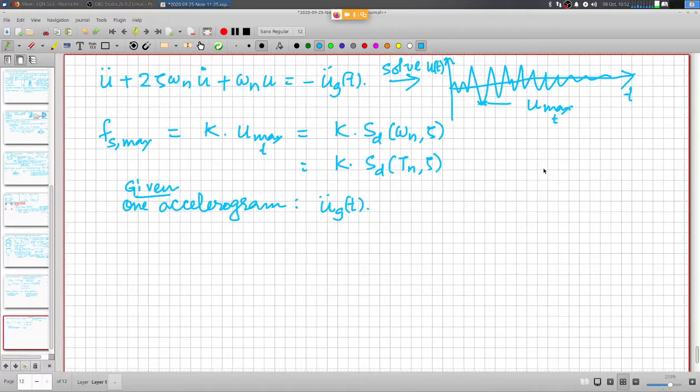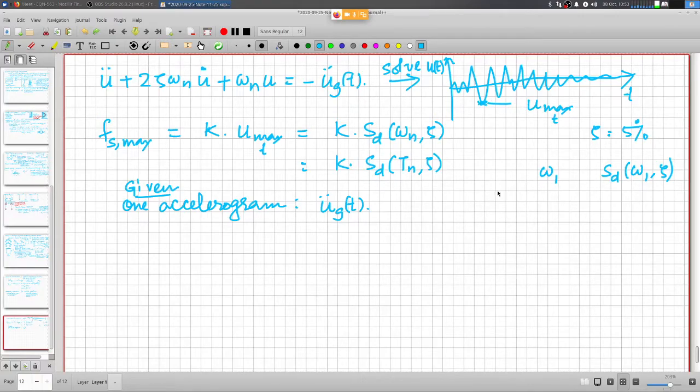So that will be omega 1, and I would just say SD omega 1, zeta, whatever may be the value, let's assume zeta is equal to 5% damping. After you have computed this entire time history and extracted the absolute maximum, you get this spectral displacement.